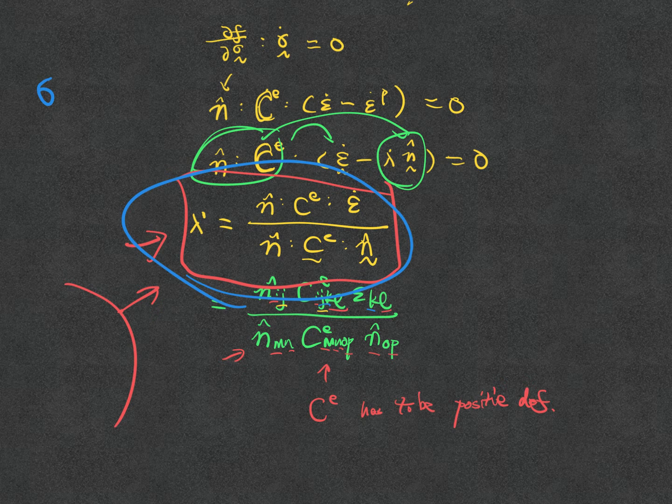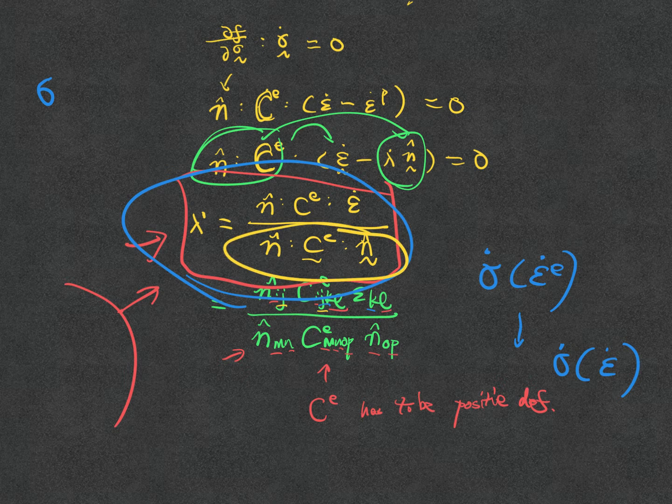What I already have is the stress rate as a function of the elastic strain, but I don't want that. I want instead to have the stress rate as a function of the total strain. How should I do that? I just need to do this, and I want to save some time, so I will just call it X.